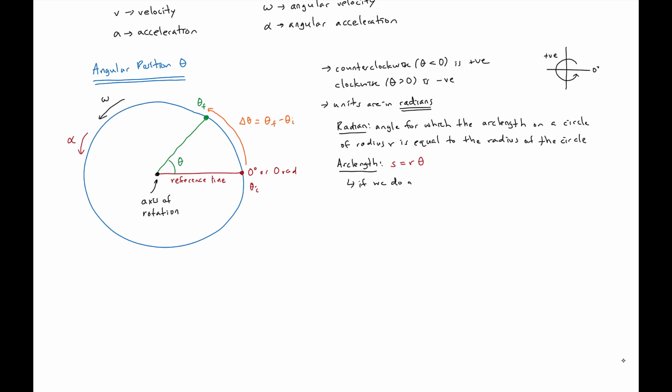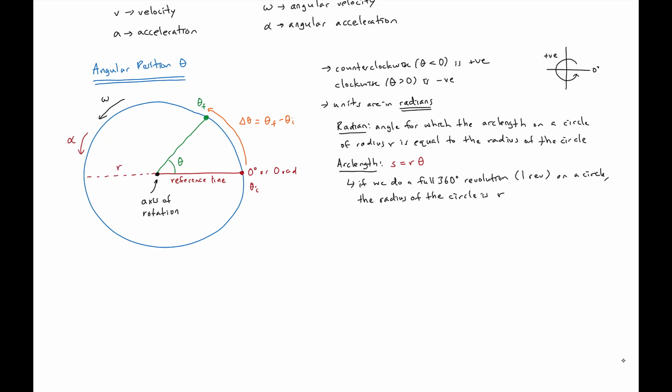If we do a full 360-degree revolution, which is one full revolution, on a circle, the radius of the circle is r, so we can draw this out.